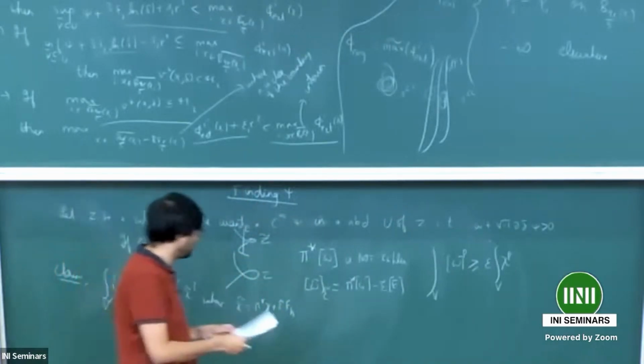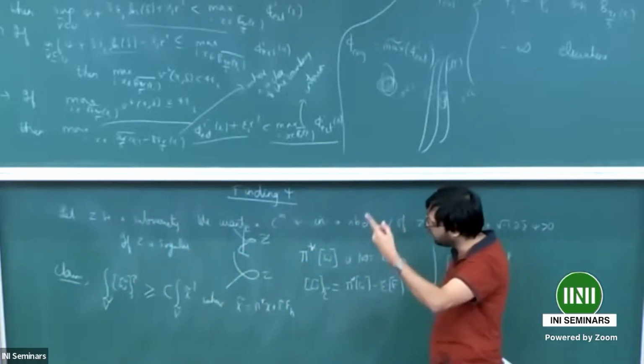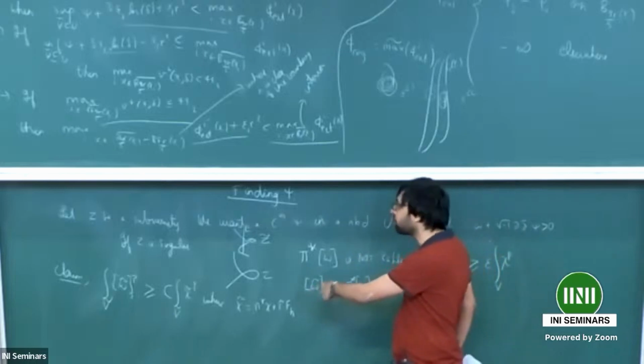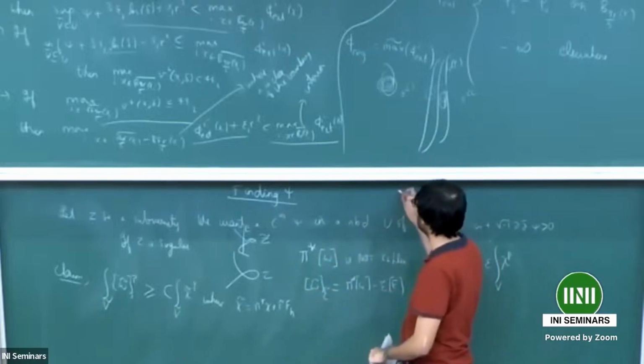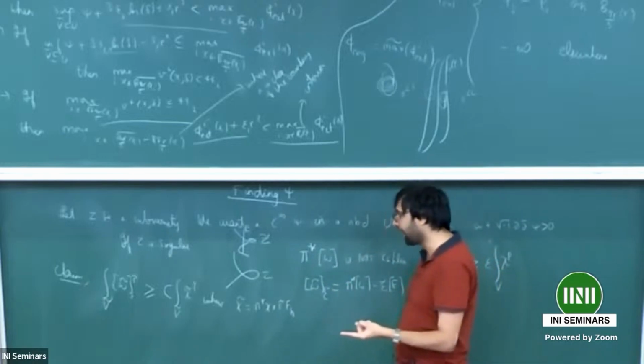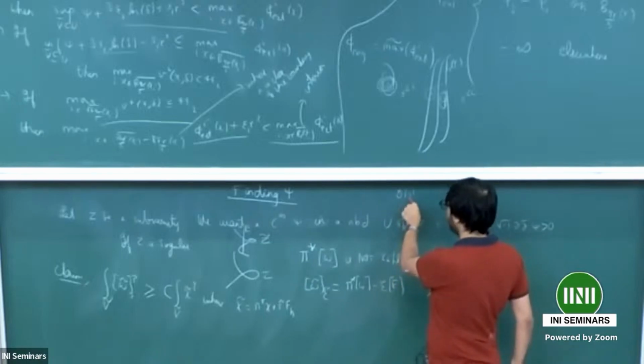Okay, right. So what is E? The exceptional divisor defines a line bundle. You put a metric on that line bundle, and notice that when restricted to the exceptional divisor, it is just the O(-1) bundle, right? So you put a metric on that line bundle that is negatively curved.